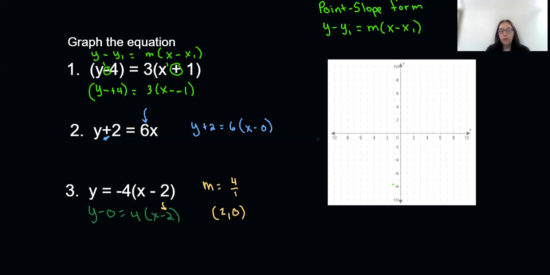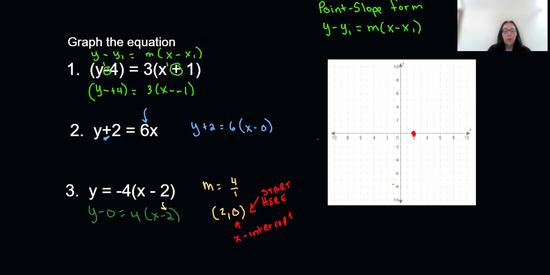So we're going to start here. So 2, 0, we go right 2 and up nothing. You can see the y value is 0, so this is our x-intercept. And as you can see, it's sitting on the x-axis.